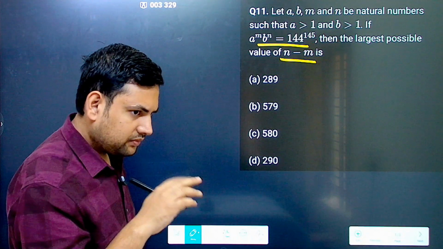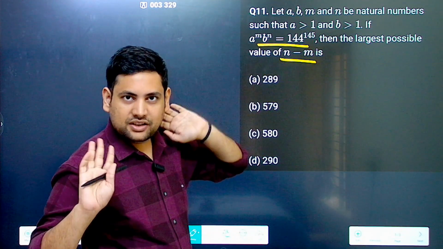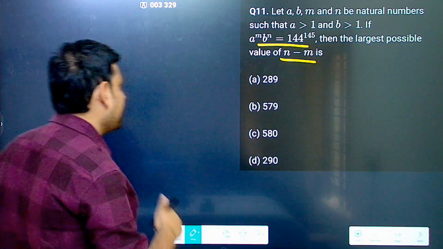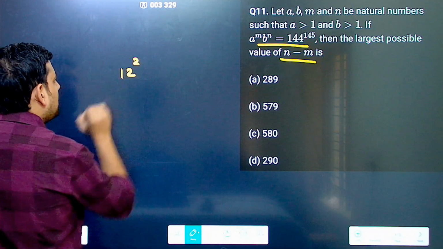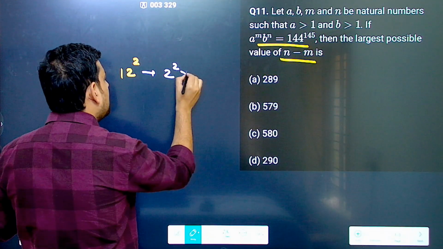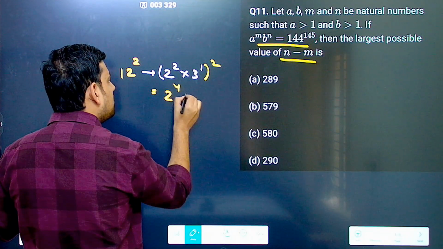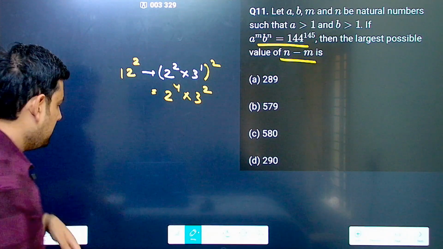Now if 1 is not allowed, what you do now, you have to do prime factorization. This you understand, because the product of this is coming out to be this. Now let's do the prime factorization. So 144 is what? Isn't 144 12 square? Isn't 12 2 square into 3 power 1? So the whole square of this will become 2 power 4 into 3 square. This is 144.